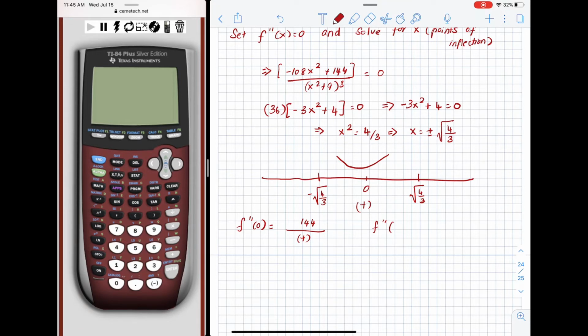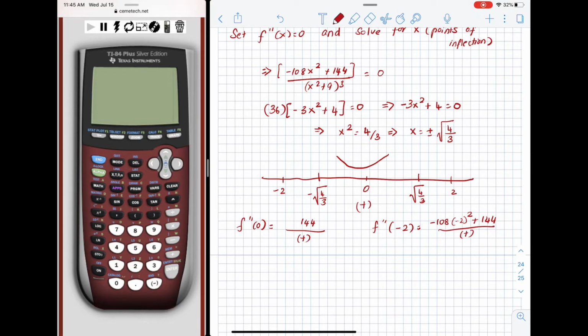Two over square root of 3 is the same as square root of 4 over 3, and perhaps I could pick a test point of negative 2 and positive 2 there. f double prime of negative 2 is negative 108 times negative 2 squared plus 144, divided by a positive number always.